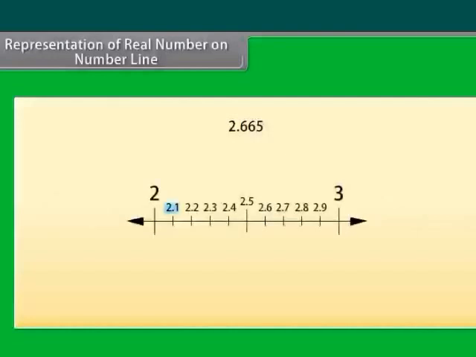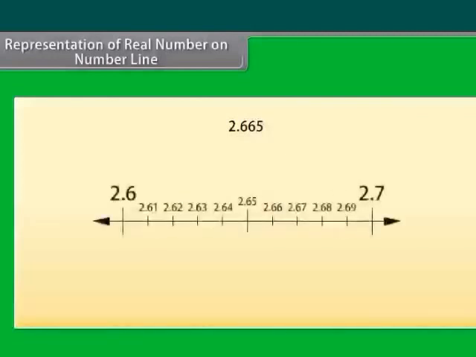The first part represents 2.1 and the second part is 2.2 and so on. Here 2.665 lies between 2.6 and 2.7. Now focus on the portion between 2.6 and 2.7. Divide this again into 10 equal parts. The first part represents 2.61, the next 2.62 and so on.